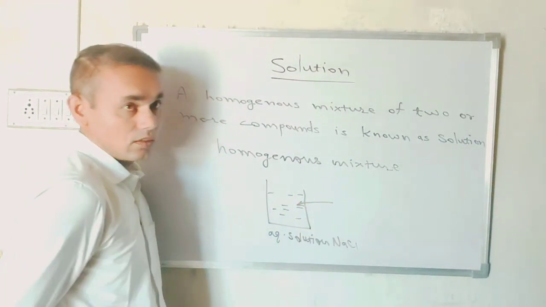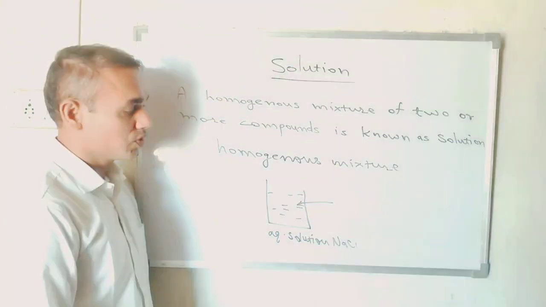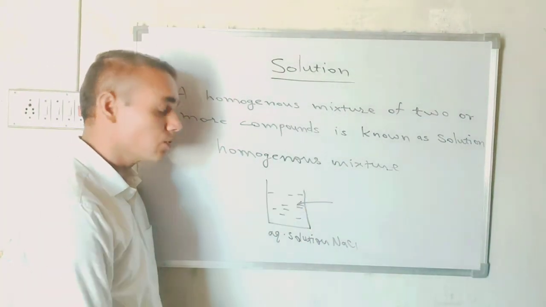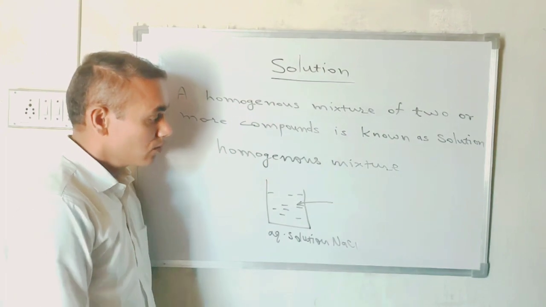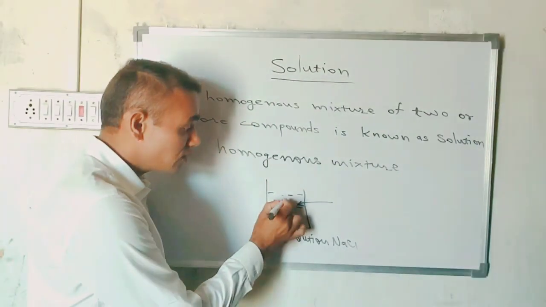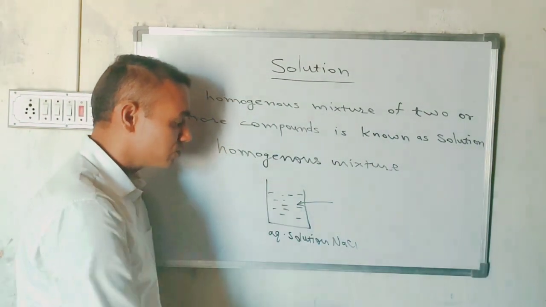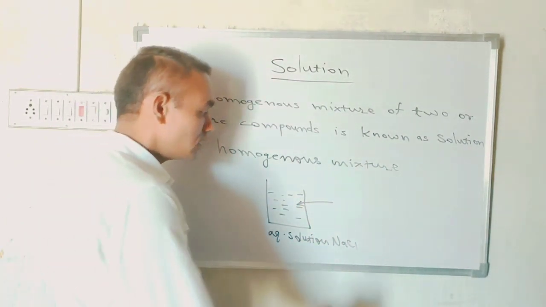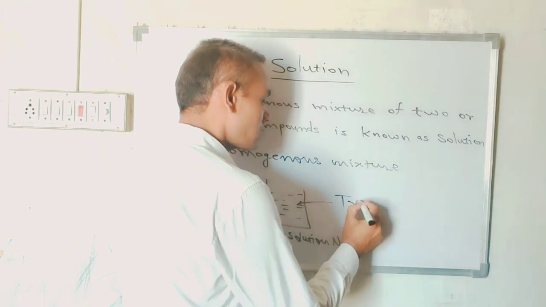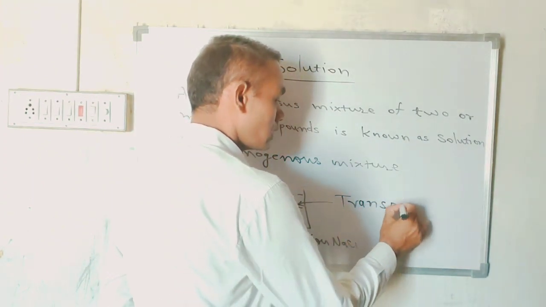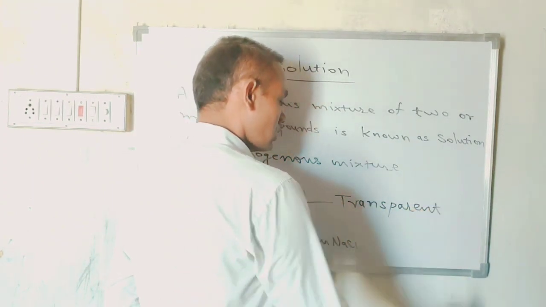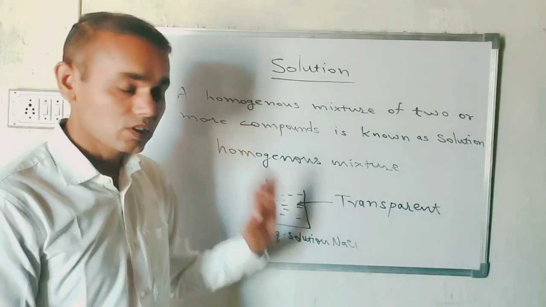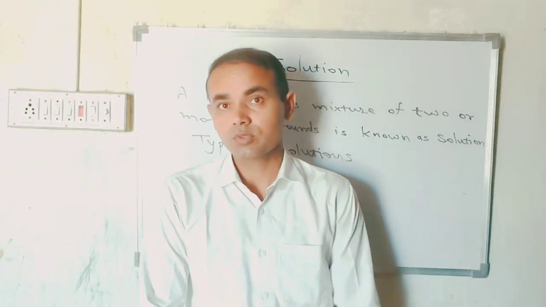If we observe this solution in a transparent vessel, then we cannot identify the separate molecules of NaCl and water by our naked eyes, and this mixture is known as a transparent mixture, or we can say homogeneous mixture.